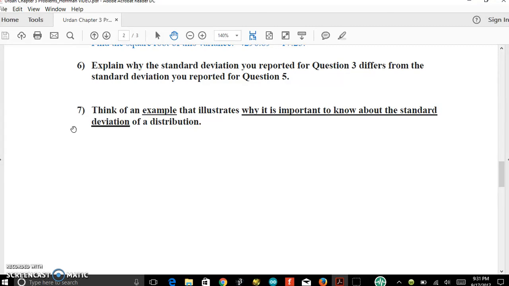If I get an average rating of 4 on a scale from 1 to 5, I want to know whether almost all of my students rated me a 4, producing a small standard deviation, or if most of my students rated me a 5, but a few really didn't care for my teaching and gave me a 1, producing a larger standard deviation. Did all of my students feel lukewarm about my teaching, or did most of them approve and a few of them disapprove?